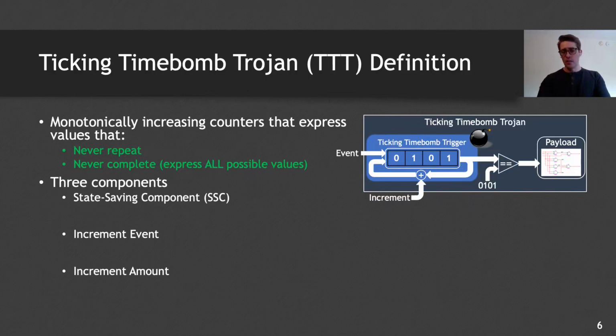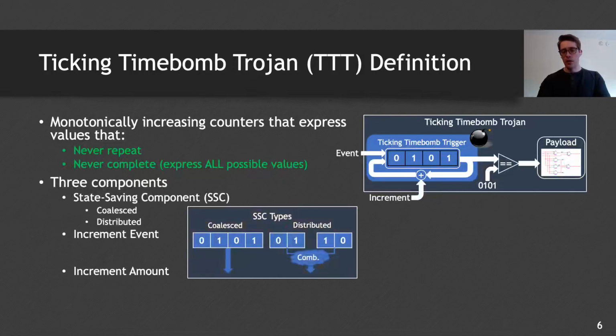Since each of these components can be implemented in different ways, the TTT design space we define is more general than it first appears. Specifically, SSCs can be broken into 2 variants, coalesced and distributed. An example of a coalesced SSC is a contiguous 4-bit register.